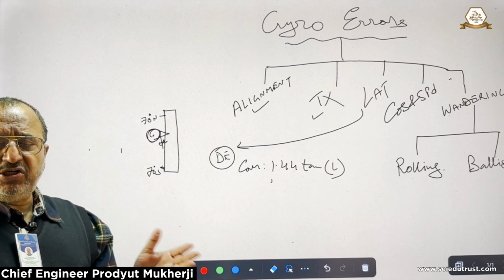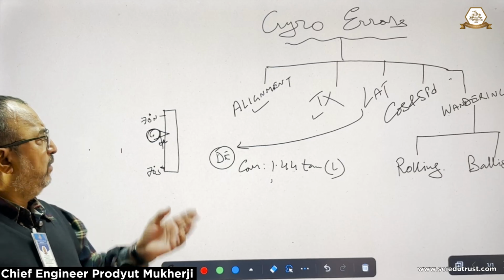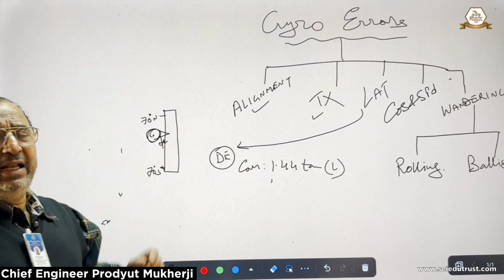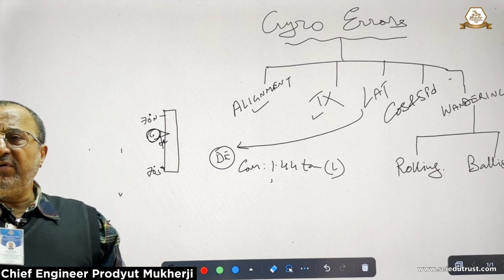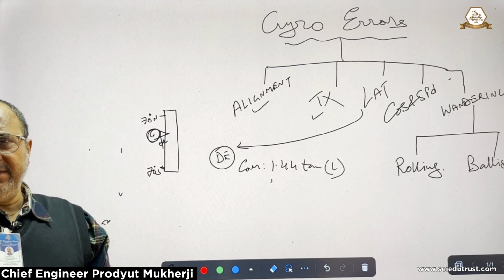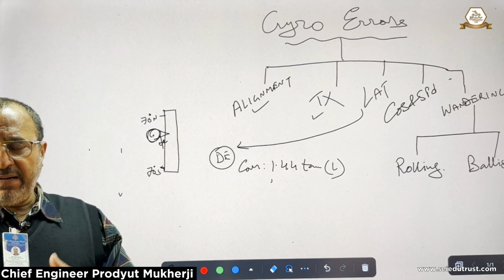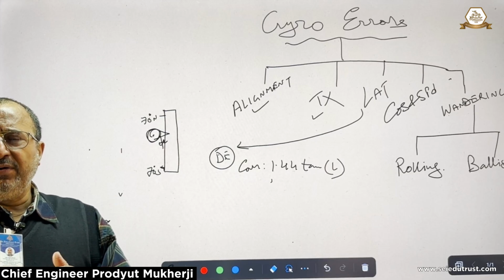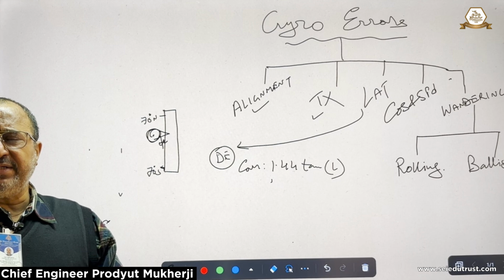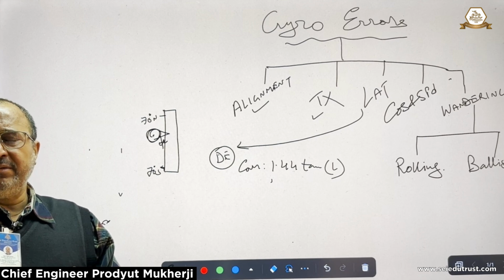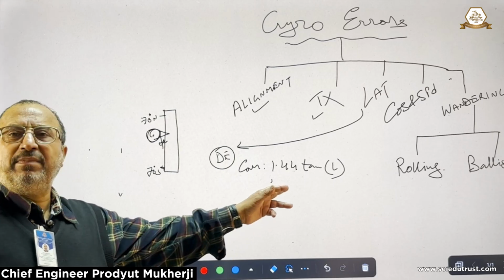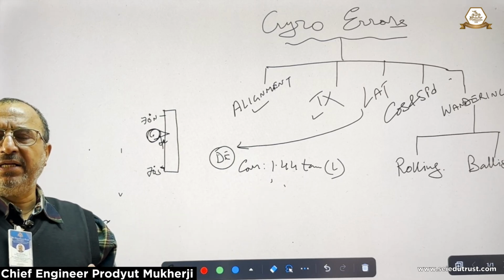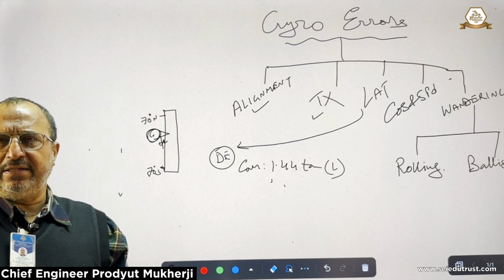And if it is an electrical type, then what happens? By setting the particular latitude, an amount of voltage is created, because the voltage depends on what latitude you are on. So the voltage which is created presses the gyro ball by an equivalent amount. That is how it is corrected.